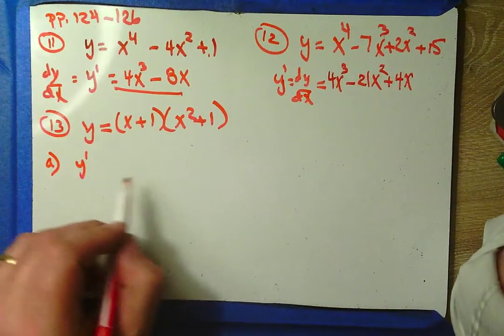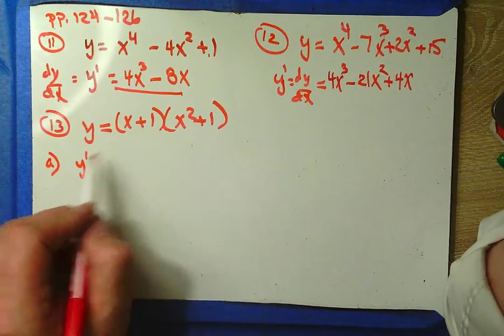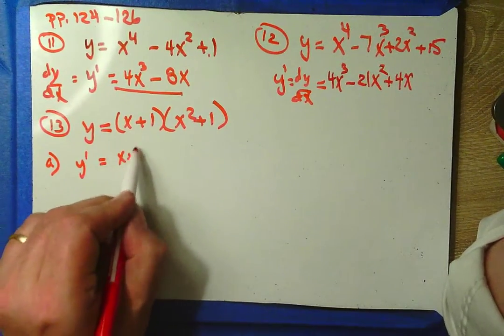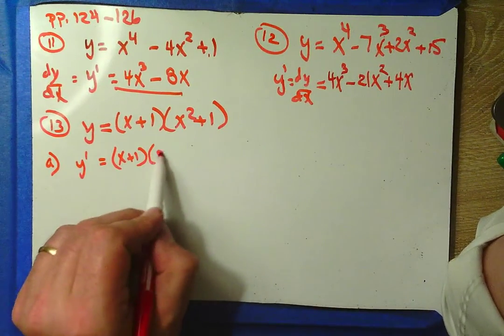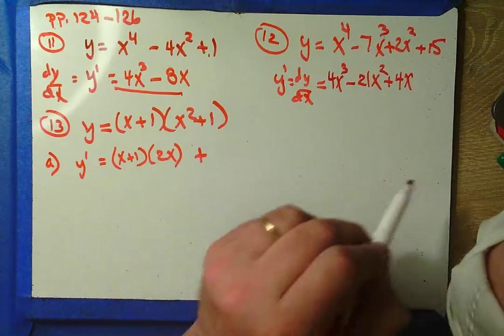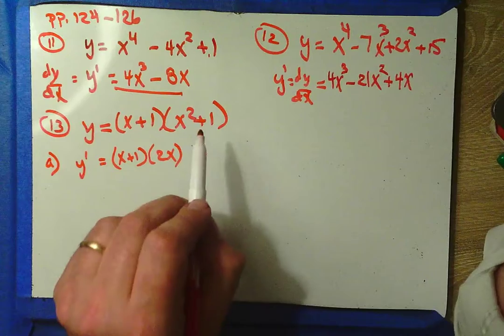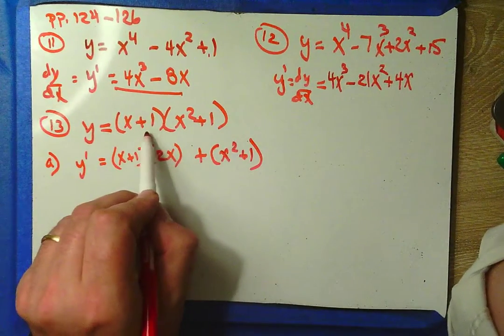So y prime will be this times the derivative of that. So this, x plus 1, times the derivative of that. And the derivative of x squared is 2x. The derivative of 1 is 0. Plus, we were only halfway done with the product rule, this x squared plus 1 times the derivative of that.